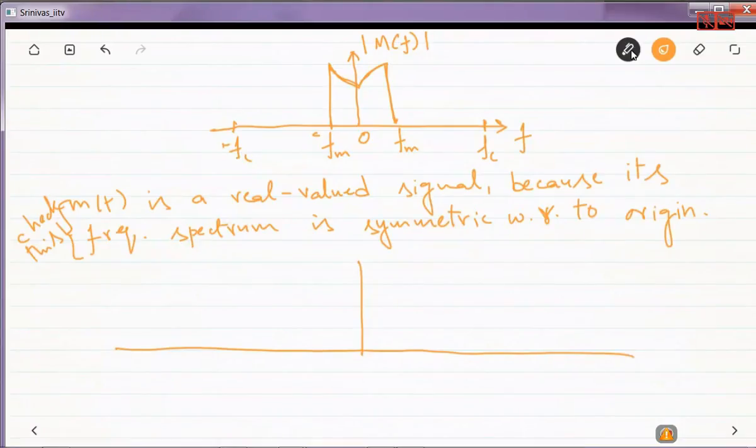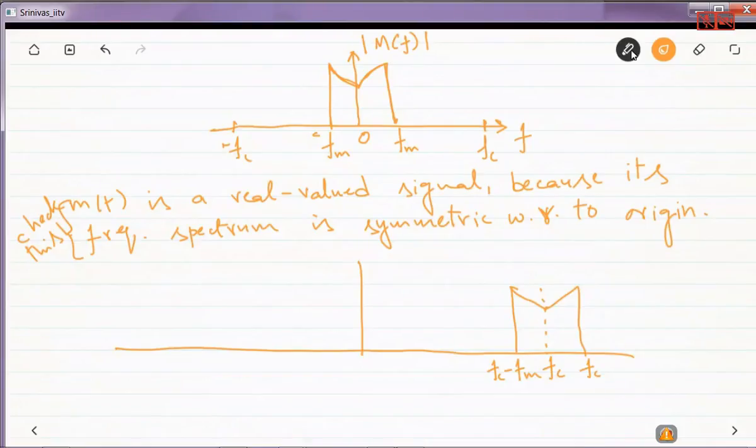This is fc, this is fc minus fm, this is fc plus fm.